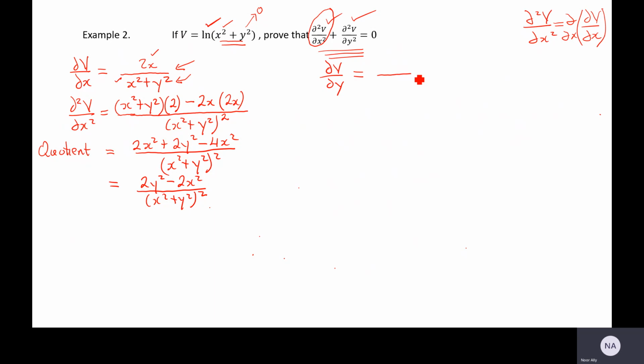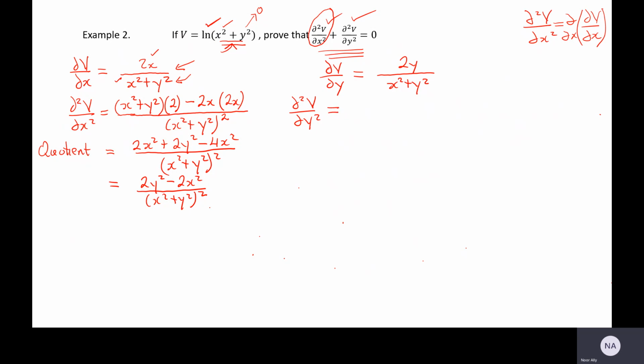So it will be 1 divided by x squared plus y squared, multiplied by the derivative of the bracket with respect to y. That means x is a constant. The derivative of y squared will give me 2y. Notice very, very similar to our first partial derivative with respect to x. Now let's continue. Partial d2v dy squared.